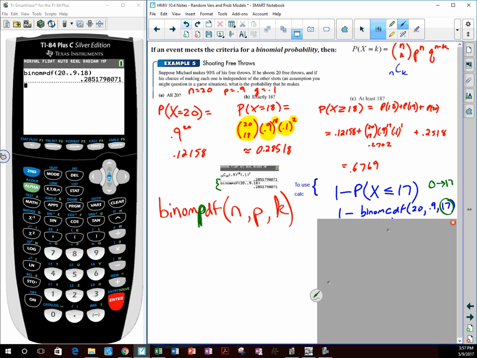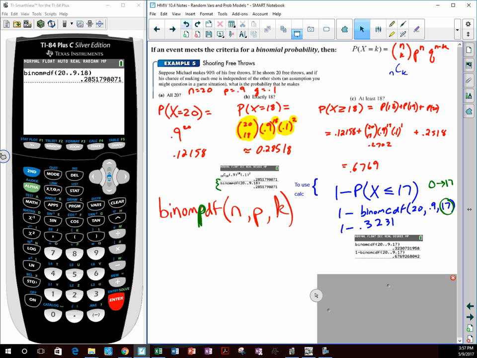So that's a pretty hefty calculation. So if we type that into our calculator, we get the same exact answer. All right, but you got to make sure you put in 17, not 18, because 17 would find up through 17, which is what we don't want. And then when we subtract that from 1, that's going to find 18, 19, 20.